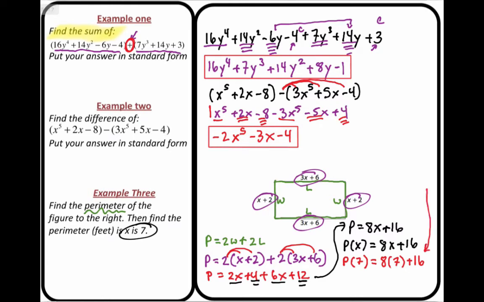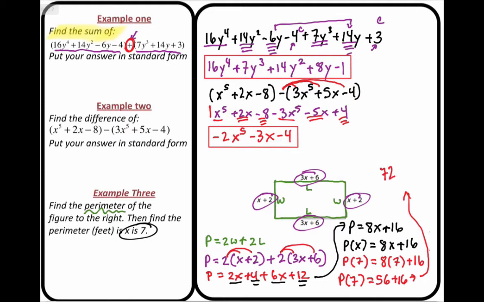And so let's go ahead and say the perimeter when x is 7. It appears x times 7 is 8 times 7 is 56 plus 16. So it looks like at the end of the day, and I'm going to erase some of this stuff out because I kind of painted myself into a corner here. And so it's over there. So I'm going to get, what, 72?